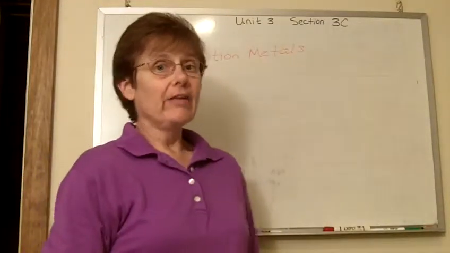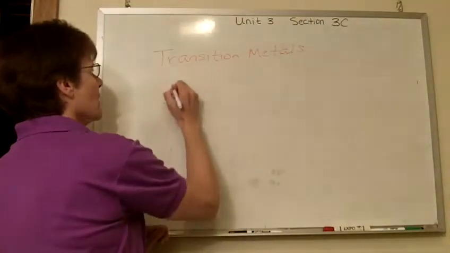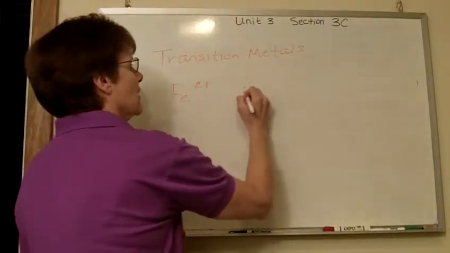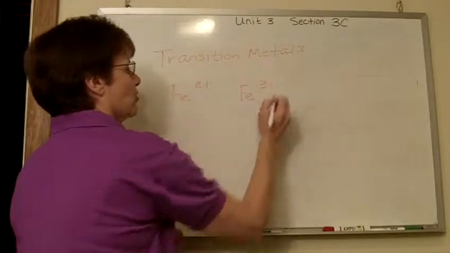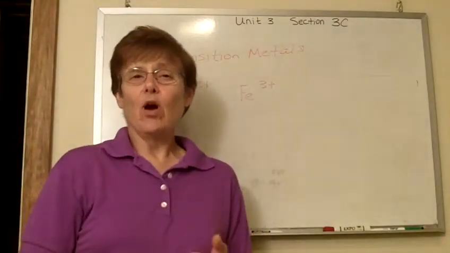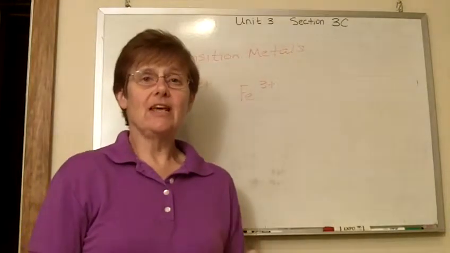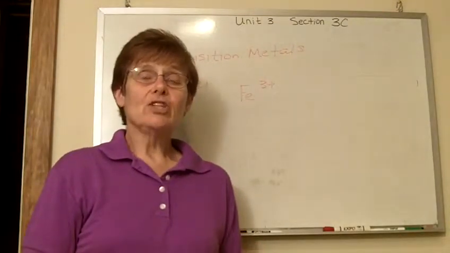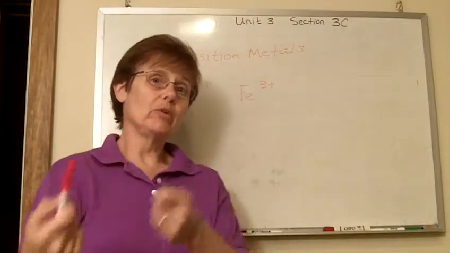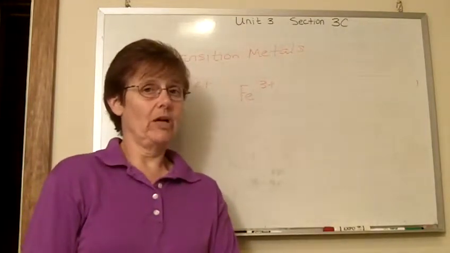For example, iron can be a +2 charge sometimes, and it can be a +3 charge sometimes. So if we're going to write the name of a compound, we have to designate what's the charge on that ion so that if somebody looks at the name, they will be able to then write the formula for the compound.